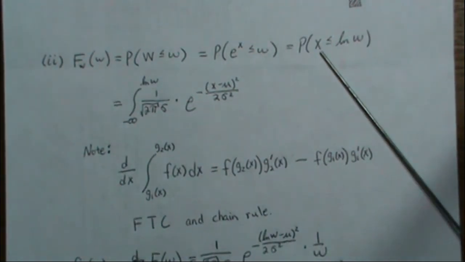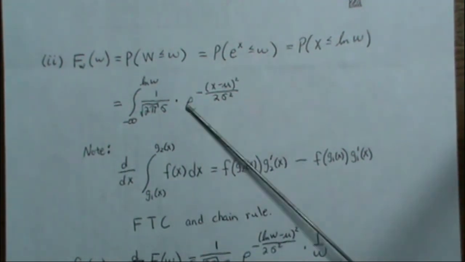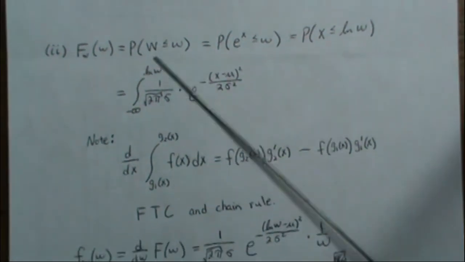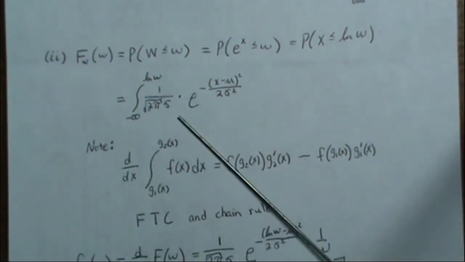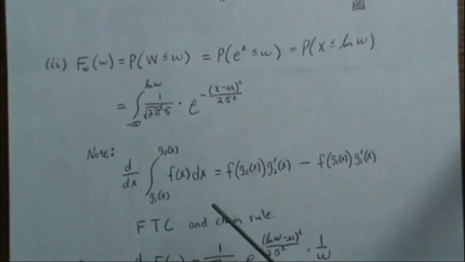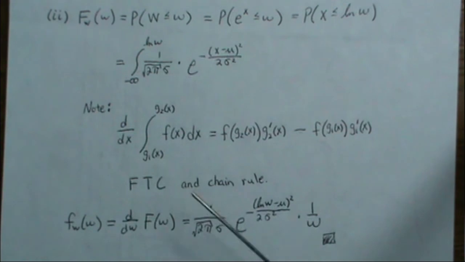Well, x we know is normal. So we can integrate x being less than log of w. And that's what we do here. Well, so that's capital F of w. Now we're going to use the fundamental theorem of calculus and the chain rule.